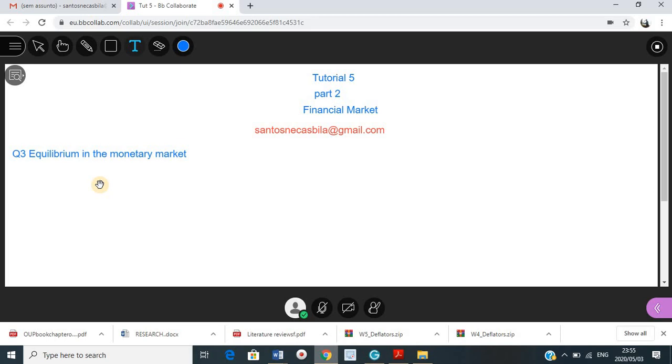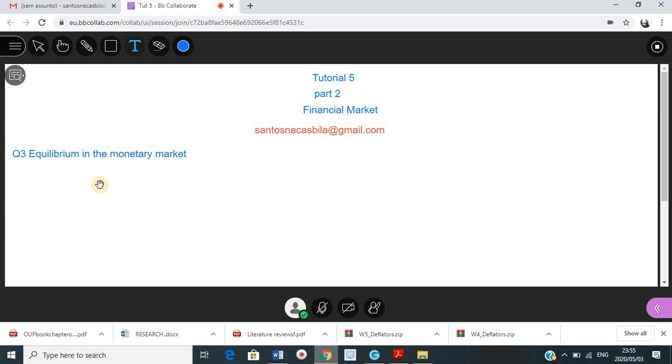The only difference is that we have another name for the interest rate. The interest rate that is used to adjust this market, we call it the repo rate, or the repurchase rate. In other words, if the commercial banks go to the central bank to get reserves, the central bank is going to charge them what we call the repo rate.